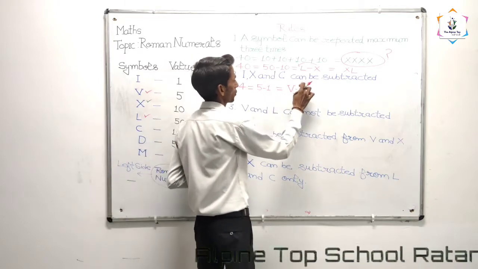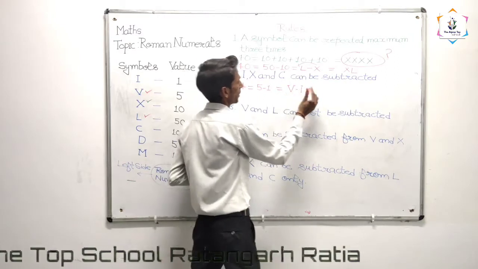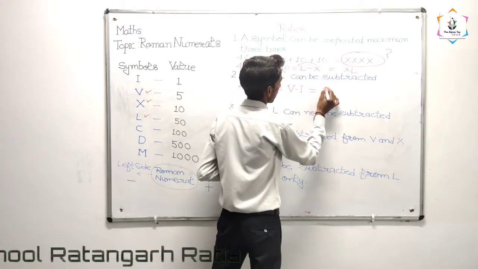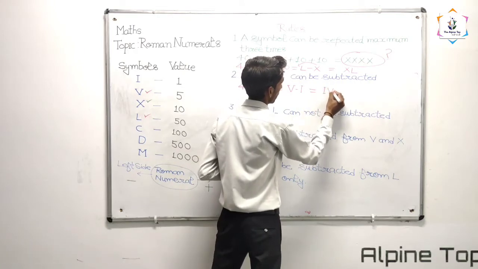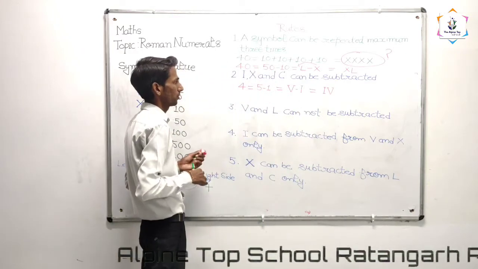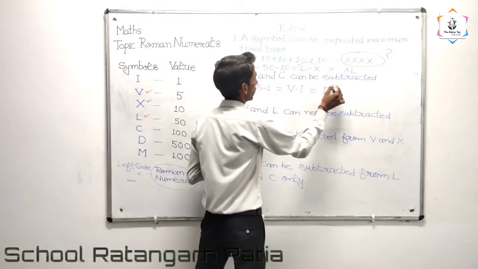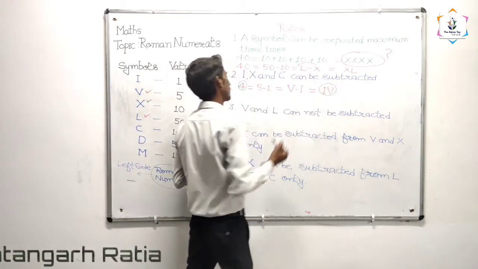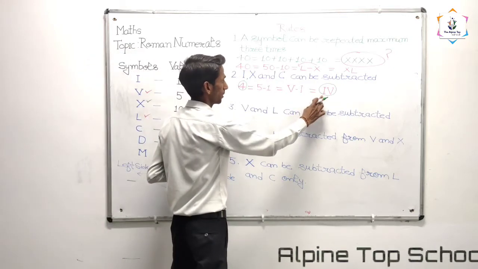That's why we have to shift this I on the left hand side of V. It means IV is the particular way to write 4 in the form of a Roman numeral. For 4 we can use IV. It means I can be subtracted.